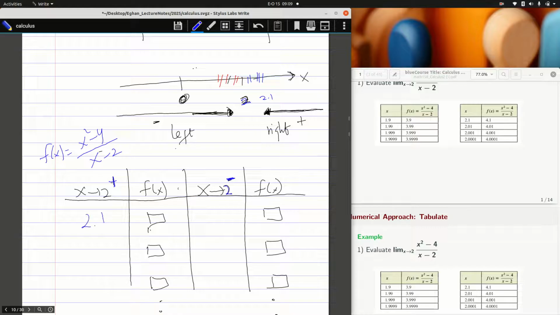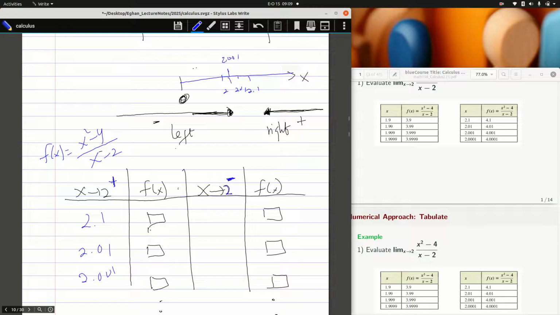This is close to 2, but it's a bit away from 2. I can go ahead and take another point, 2.2. So if I have 2 here, I'm taking 2.1 here. I can have 2.01 here, which is still close to 2. Or 2.001, that'll be somewhere here. 2.001 is still close to 2.